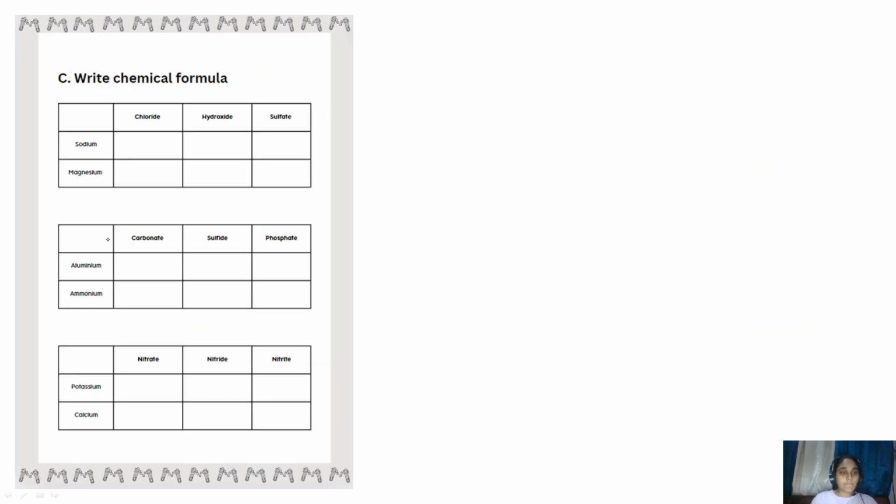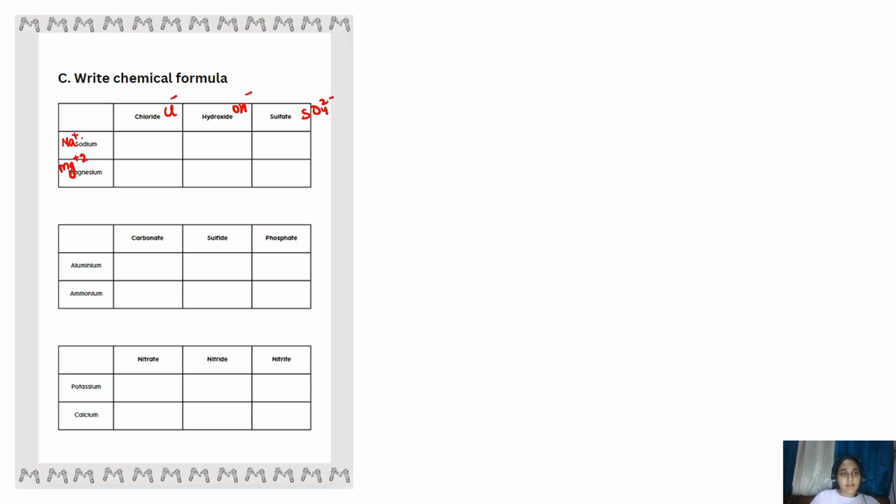Okay, here you have to write the formulas for sodium chloride, sodium hydroxide, sodium sulfate. Sodium belongs to first group, and the valency will be 1, that's why Na positive. Magnesium belongs to second group, its valency will be 2, that's why Mg 2 plus. Chloride is Cl negative, hydroxide is OH negative, sulfate is SO4 2 negative.